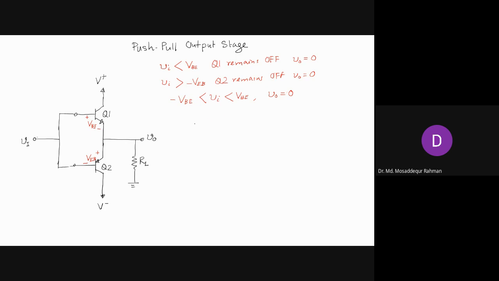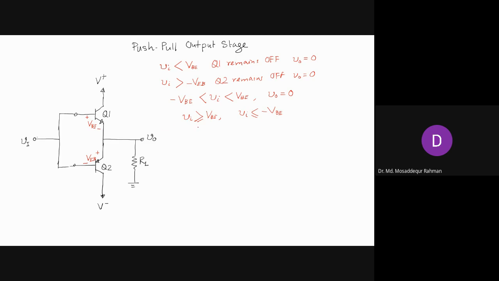So in order for the transistor to conduct and to have an output voltage, Vi has to be greater than or equal to VBE, or it has to be less than minus VBE, right? So only then we have an output voltage.